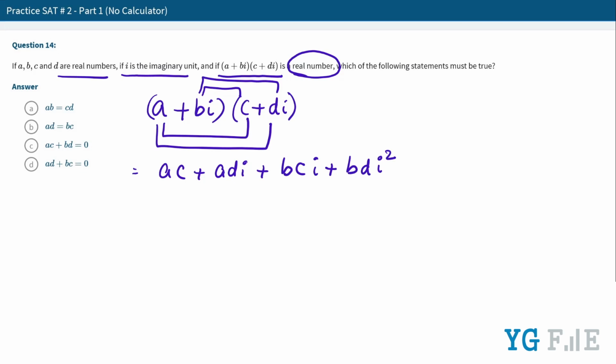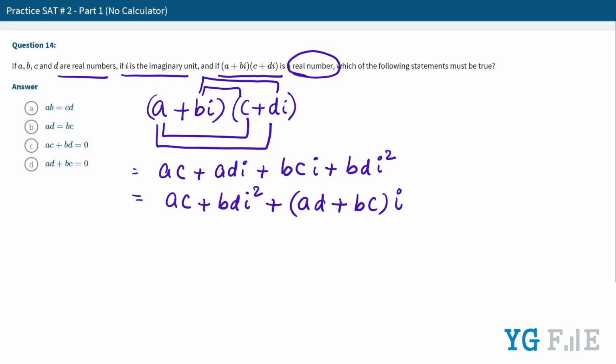Let us collect these terms together. Let us write them as BD i squared and group the terms with i like this.